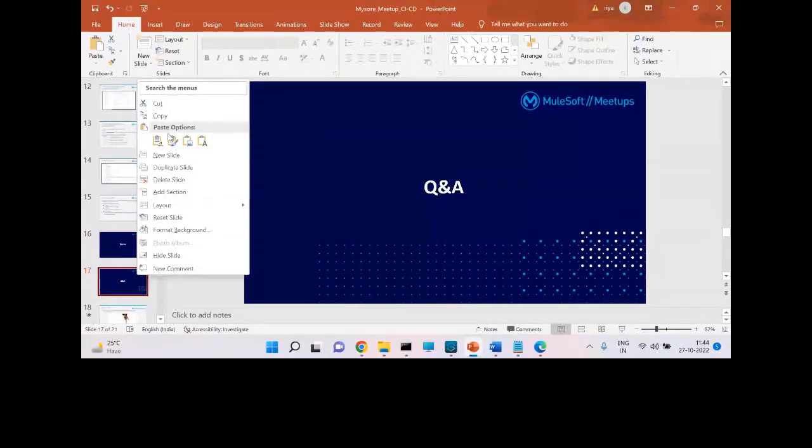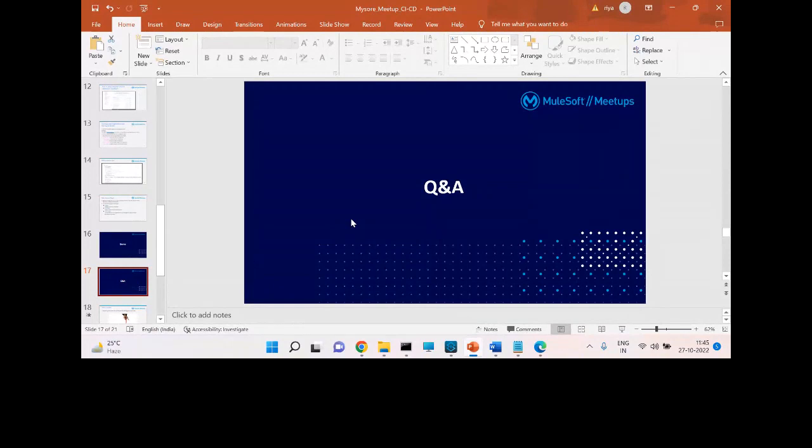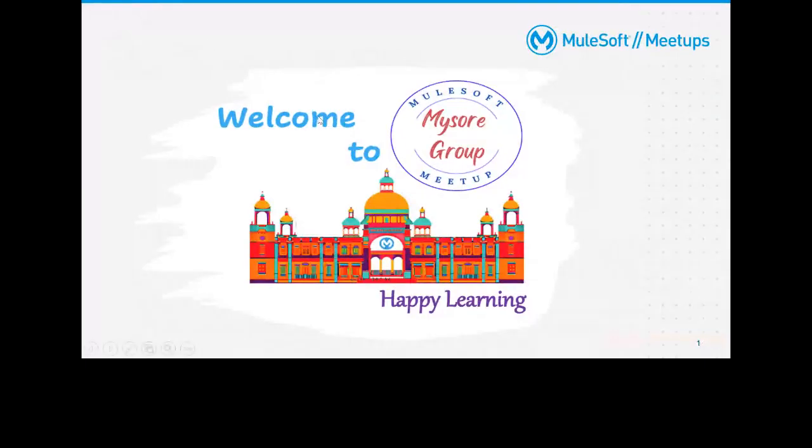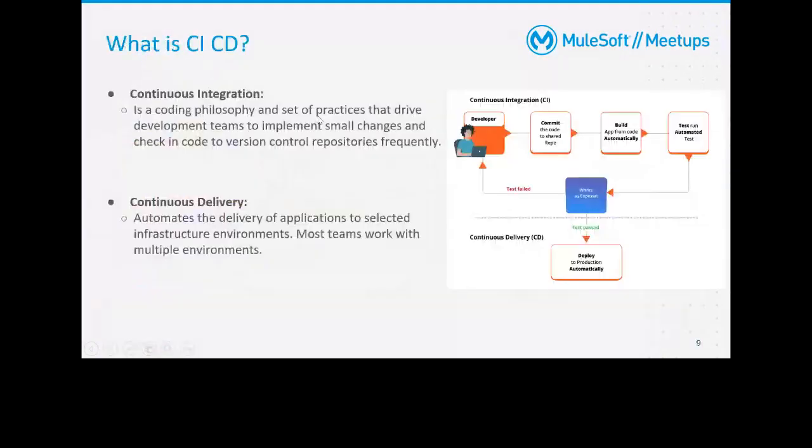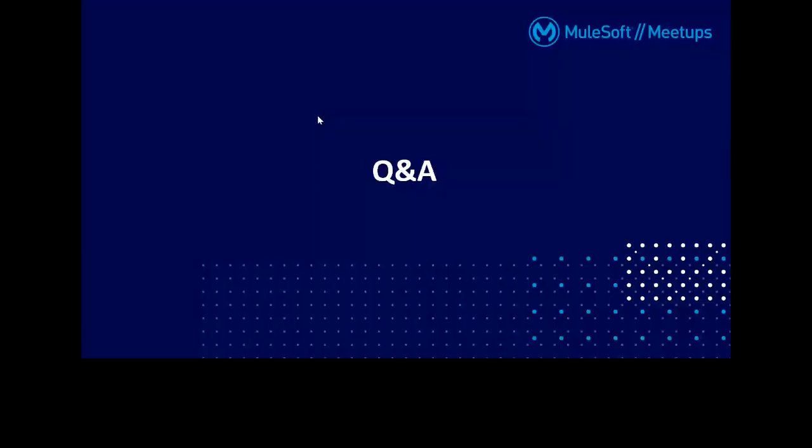Okay, so do we have any questions? If you want, we can enable your mic and you can directly ask. Okay, we have one question from Anish: if I want to run the pipeline manually instead of every push, what actions do I need to use? Manually in the sense... Okay, wait a minute. I'll enable your mic, Anish.